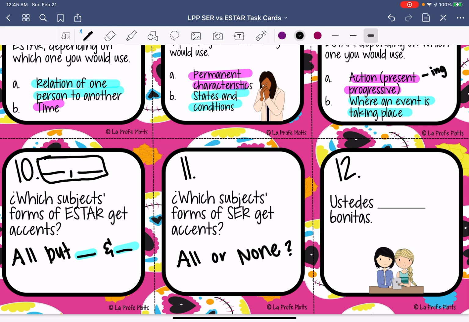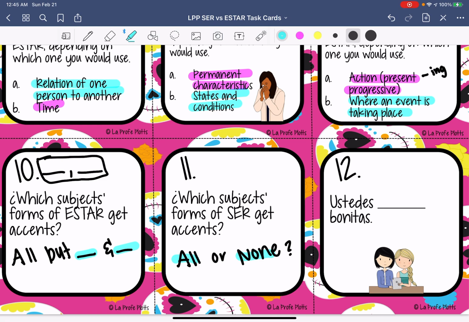Okay, 11. Which subject forms of ser get accents? You are either going to type all or none. Those are your 2 options for your answer box. All or none. Okay. Now we are going to just focus on writing the correct form of ser or estar verb, and you need to make sure that you are conjugating according to the subject.